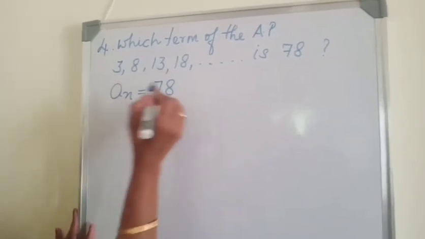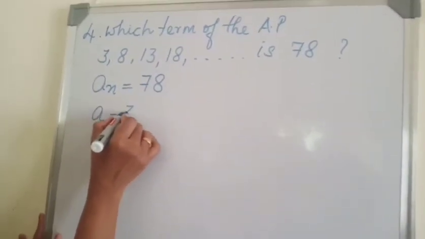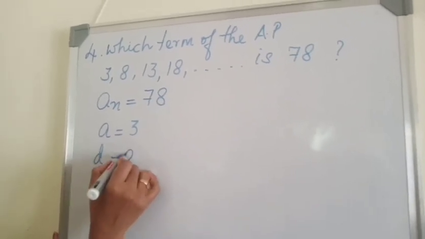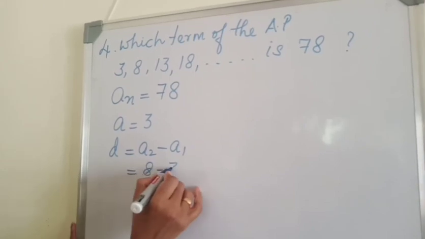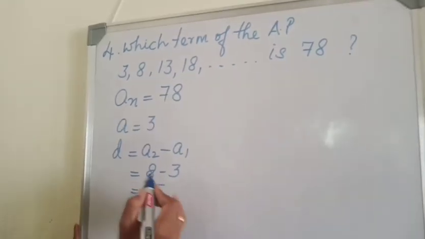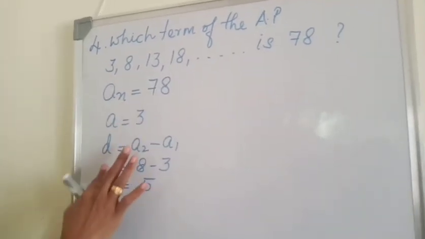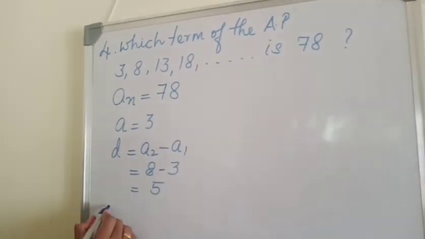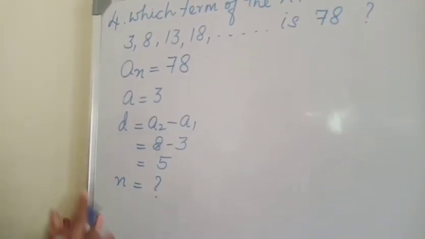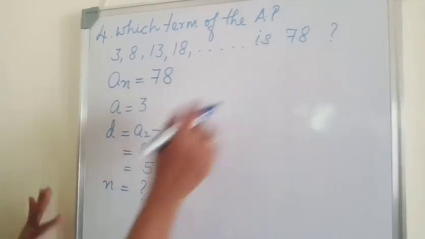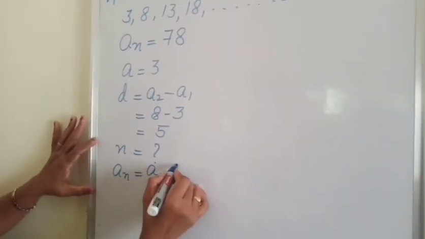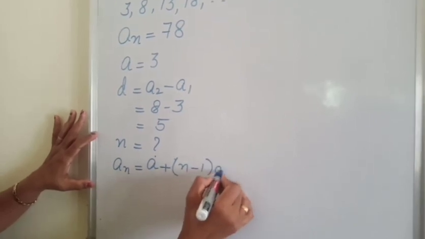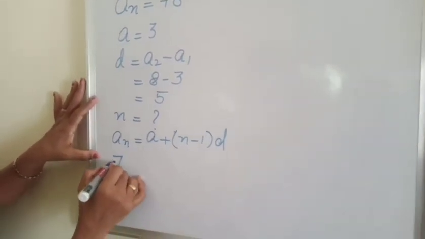AN is 78. A equals 3. D equals A2 minus A1. It is 8 minus 3, 5. So we have A, we have D, we have AN. We wanted to find out n. Which term is 78? The same formula we will write. AN equals A plus n minus 1 into D. AN is 78.